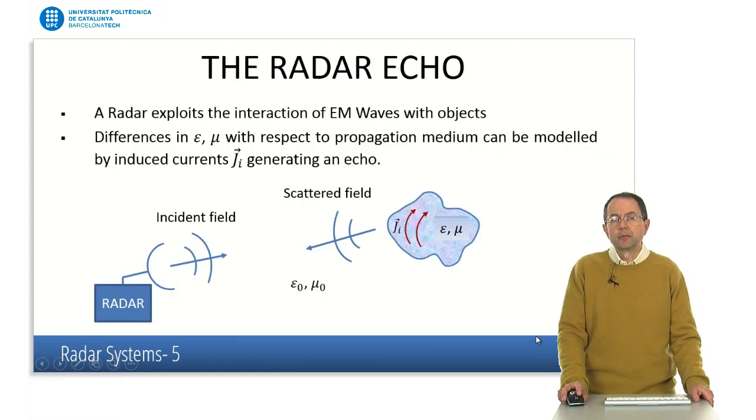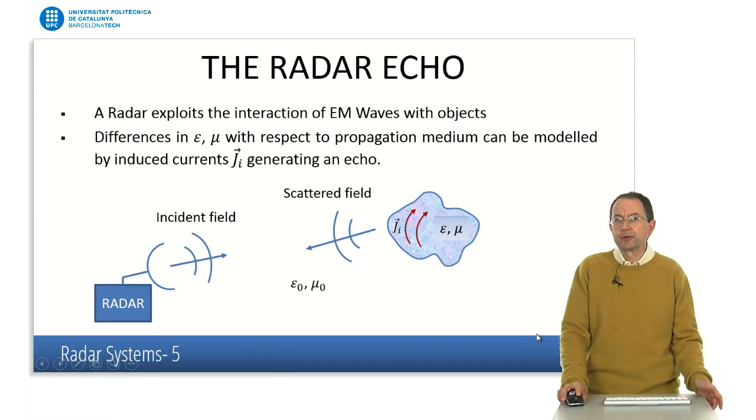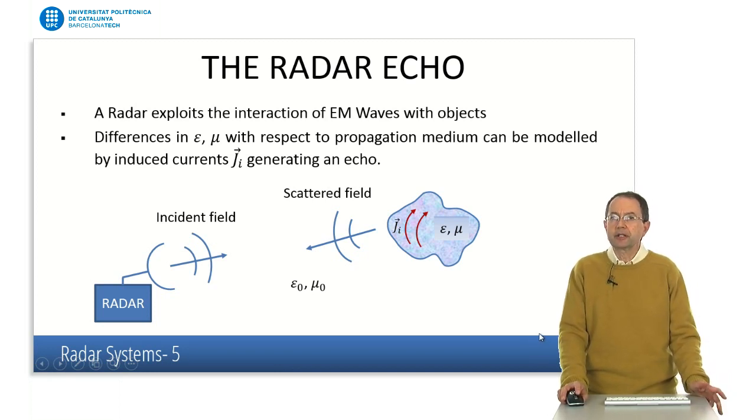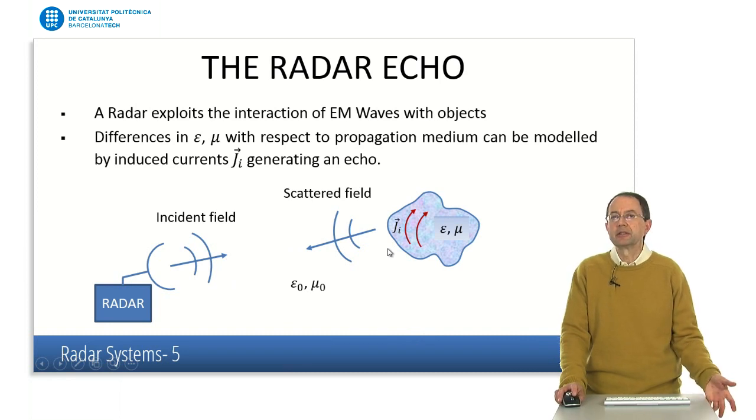Let's start with what the basics of radar are. The basics of radar is the interaction of electromagnetic waves with objects of interest. What we do in radar is transmit a radio frequency signal, and once this signal reaches the target, which is any object of interest, whether an aircraft or a drop of water for a meteorological radar, depending on the application, it illuminates the target.